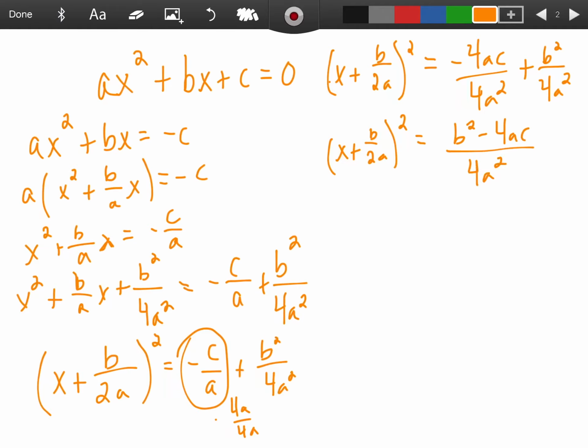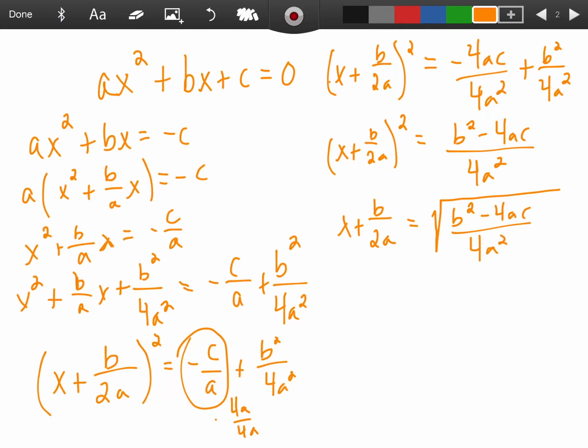All right, now I'm going to extract the square roots. So take the square root of each side. I have x plus b over 2a equals the square root of everything on the right side, b squared minus 4ac all over 4a squared.